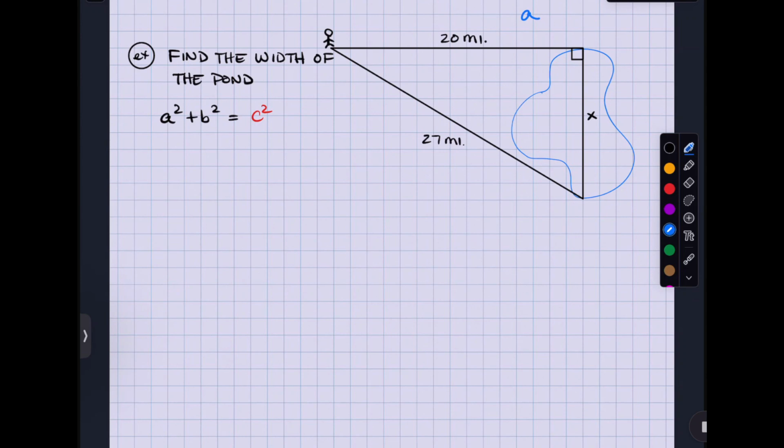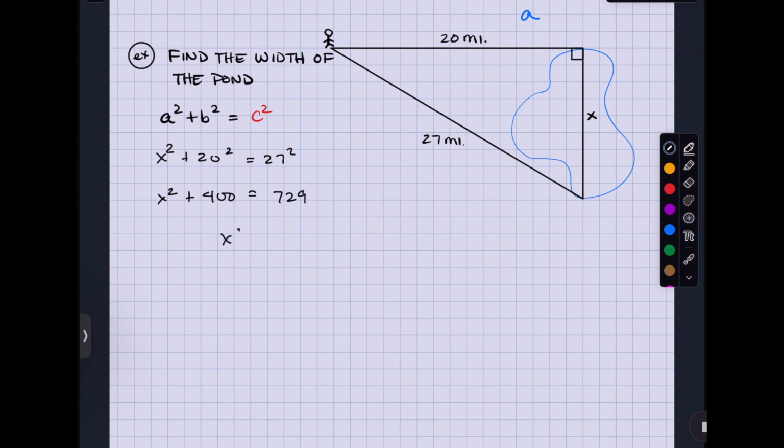What'd you get? 18.14? Let's see. So I'm guessing she did x squared plus 20 squared equals 27 squared. Then she said x squared plus 400 is equal to whatever 27 squared is, 729.